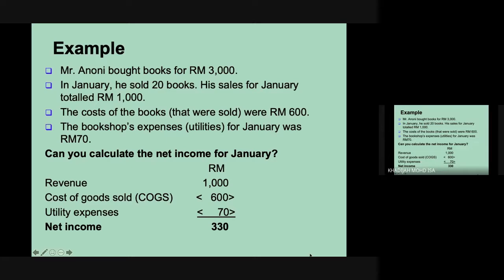In this case, your expense is utilities, 70 ringgit. So having a revenue of 1,000, cost of goods sold of 600, and expense of 70 ringgit, you have a net income of 330. That 330 is what we call net income, which later you will see is the remainder of the equity.